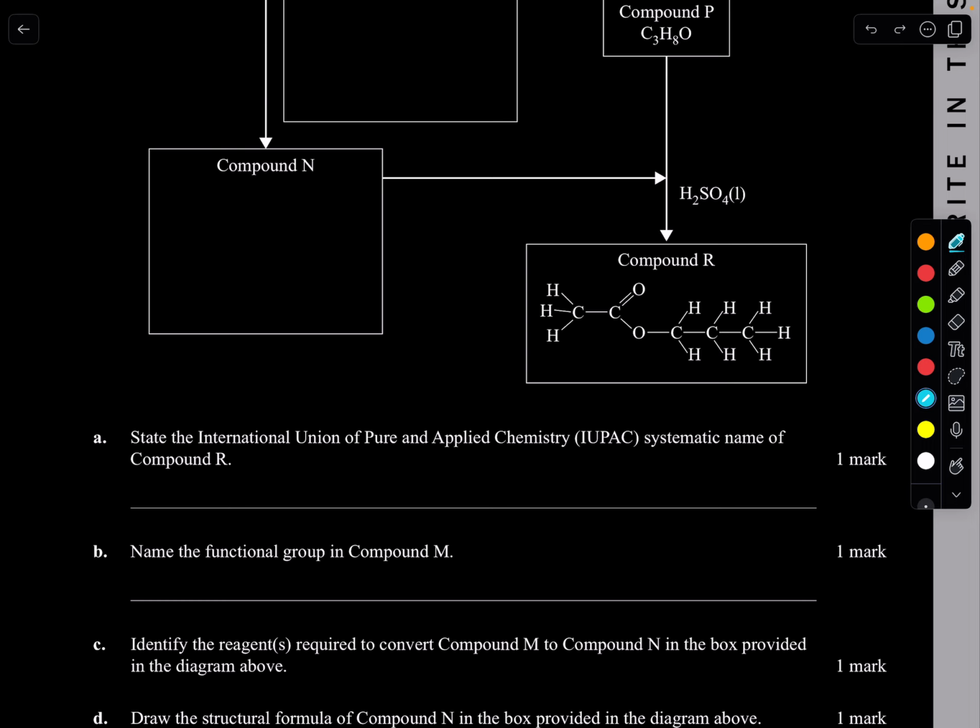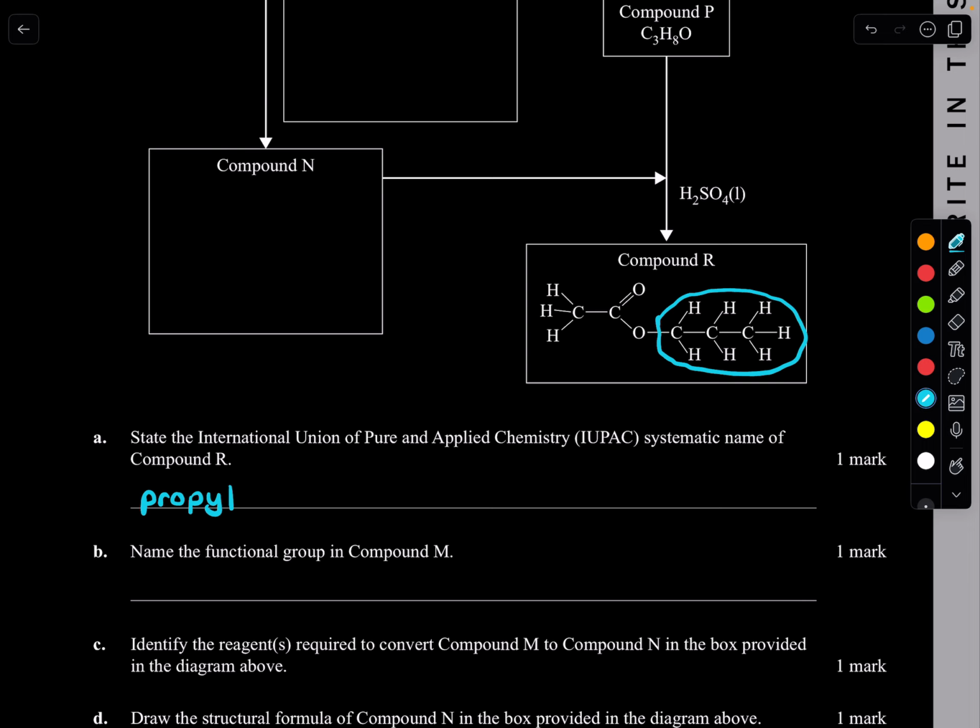Now, to name it, you always start with the alcohol group. We can see that there are 3 carbons on this side, which is known as propane. Remember, 3 carbons, propane. So it's going to start with propyl. If it had 2, you'd say ethyl, or if it had 1, you'd say methyl.